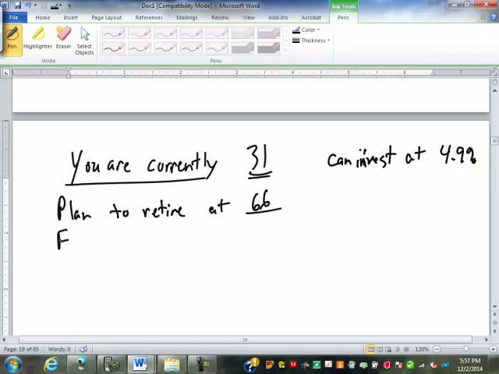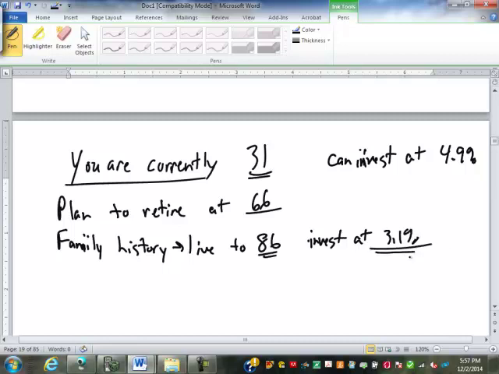Family history predicts that you will live to 86. And you figure you can invest at 3.1% while you're drawing out.